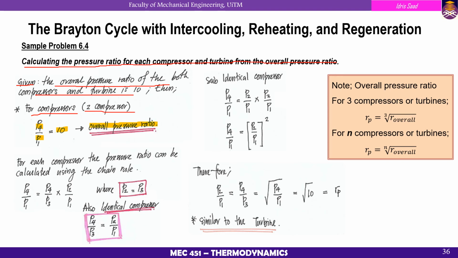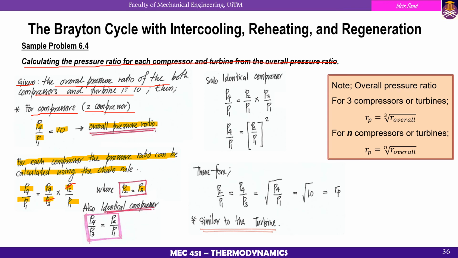For each compressor, the pressure ratio can be calculated using the chain rule. P4 over P1, based on that diagram, is equal to P4 over P3 multiplied by P2 over P1. We know that P2 is equal to P3, so using the chain rule we can cancel out P2 over P3.